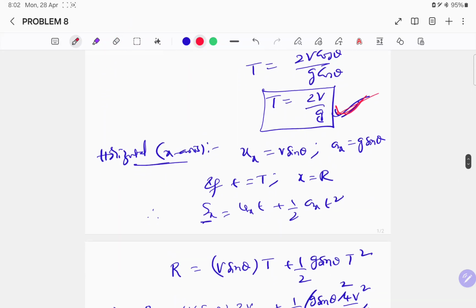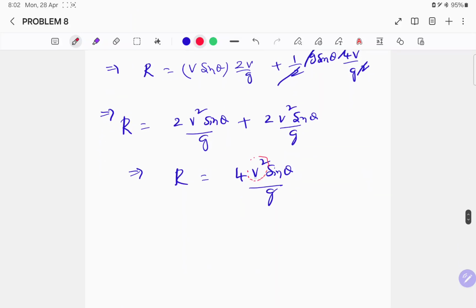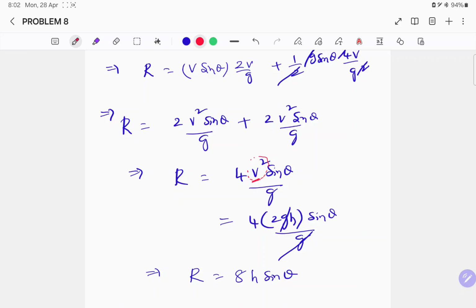In place of v square you can place that. So 4 into v square value, which is 2gh, sin theta by g. Again small g will be cancelled. So range is equal to 8h sin theta. 8h sin theta is our answer.